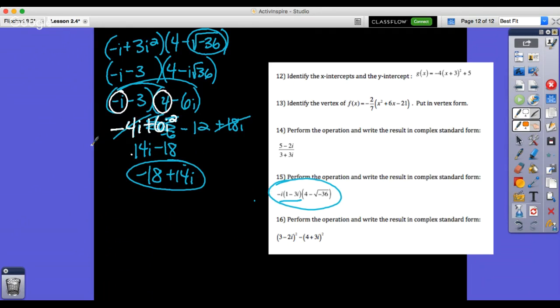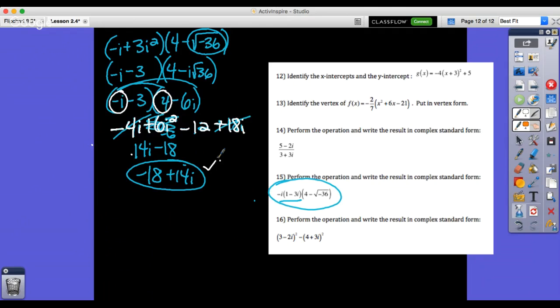So negative 4i, and then plus 6i squared, which is negative 6. Correct. Then negative 12, and then plus 18i, and then that's 14i, and then negative 18. So you write it negative 18 plus 14i. Exactly right. You rock that.